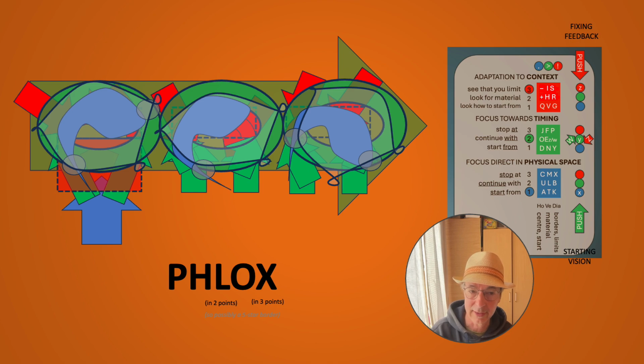The last letter is the X, so the X will focus on the borders, and that irregularity will be shown in the borders. So we'll have the pushback actually each time in the borders. So that will make a certain irregularity at the borders as well. So that's what I can make up.